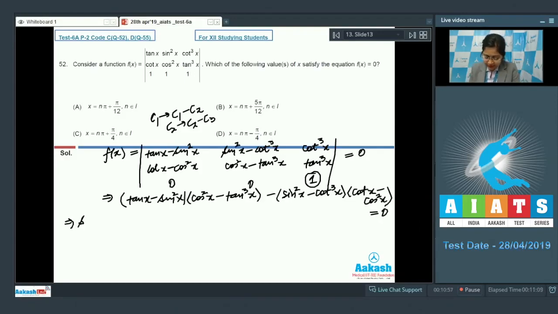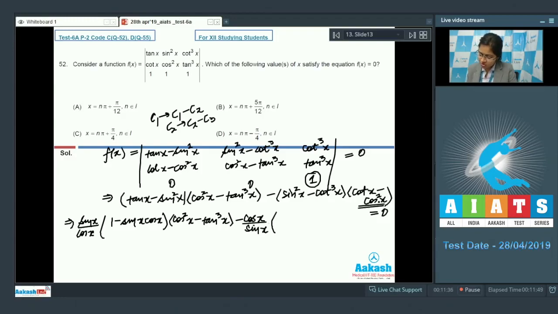Now, taking sin x by cos x common, we will get 1 minus sin x into cos x multiplied with cos square x minus tan cube x, minus, similarly here taking cos x upon sin x common, we will get 1 minus sin x cos x multiplied with sin square x minus cot cube x is equal to 0.